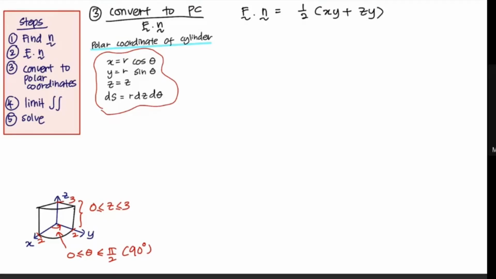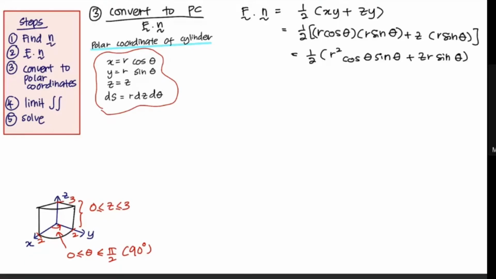Step number 3, convert to polar coordinates. For the cylinder, this is the polar coordinate. You just substitute x with r cos theta, y is r sin theta, and z equal to z. Step number 4, determine the limits. So you must refer to your graph.